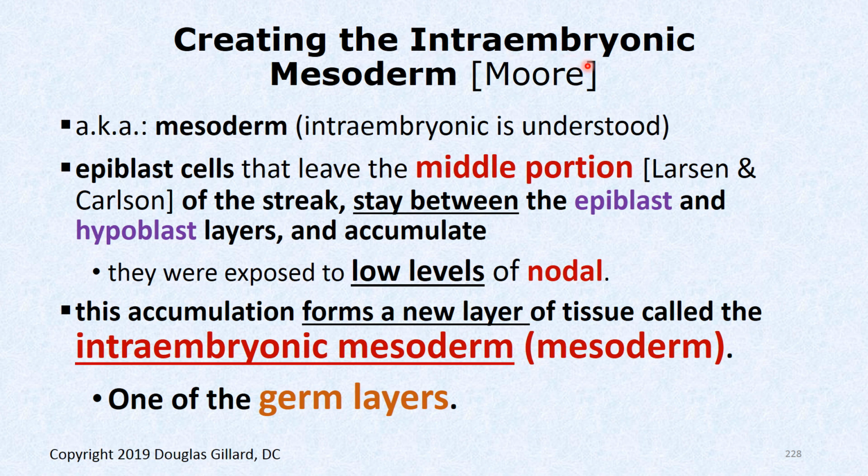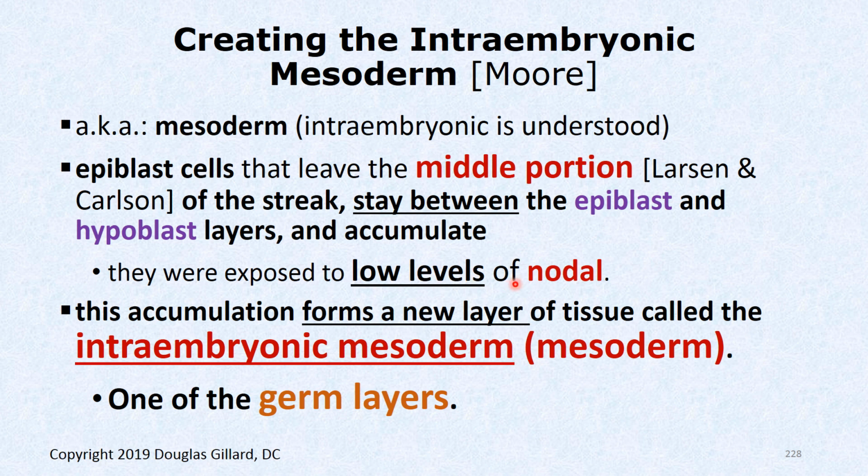All right, so let's get a little more specific about making mesoderm. If epiblast cells migrate through the middle portion of the streak, they end up staying between the epiblast and hypoblast as they accumulate. That's going to be mesoderm. So the epiblast cells that go through the middle portion of the streak and dive down are not going to get a big dose of nodal.